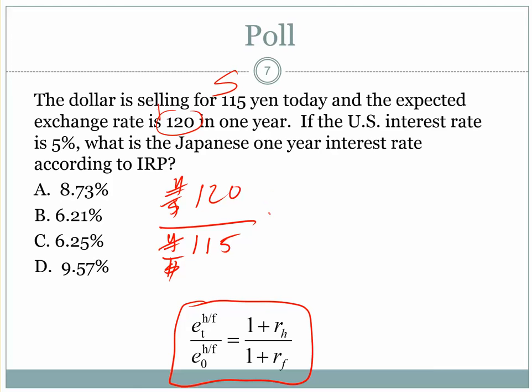And again, since this is yen over dollar, I'm going to have yen over dollar interest rates. And this says the US interest rate is 5%. And then we can solve for the interest rate in Japan, which turns out to be 9.57.